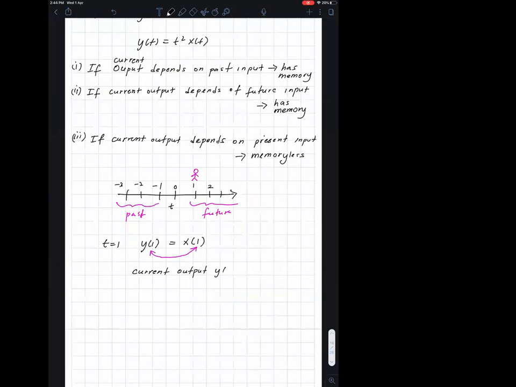Current output y1 depends on present input x1.